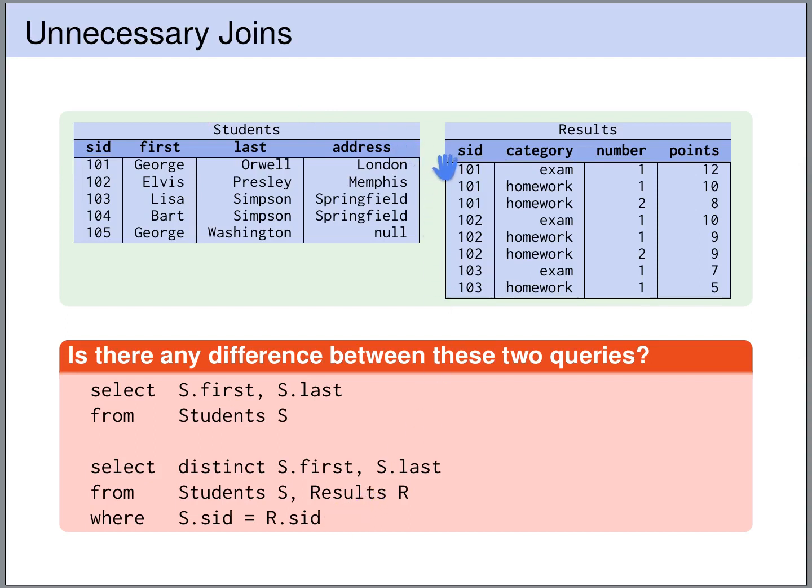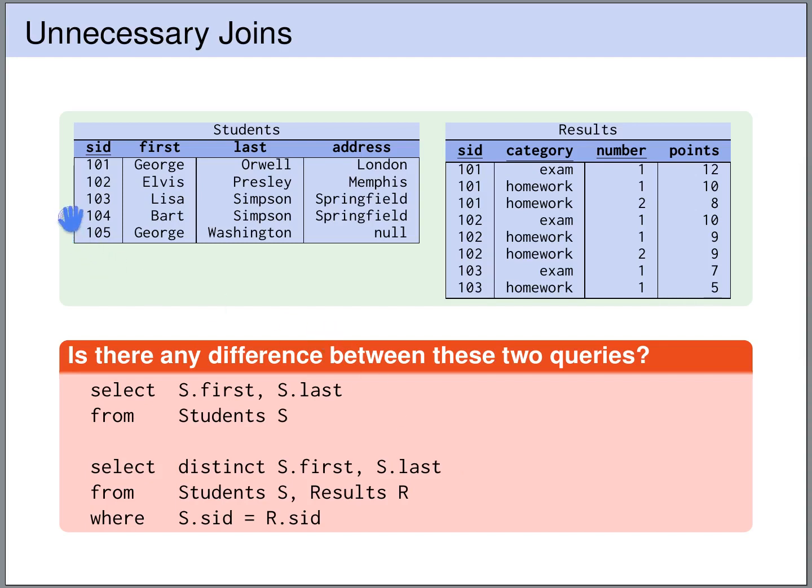We are looking at this result row, and this result row, all belonging to George Orwell. And for each of these results, the join condition is true, so George Orwell will be included 3 times in the output. So a student is included in the output as often as the student appears in the results table.